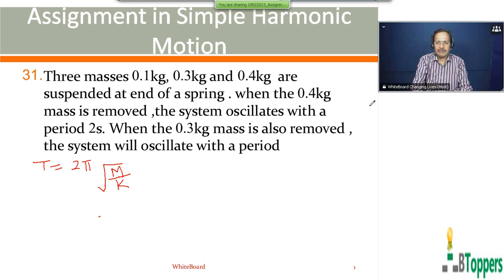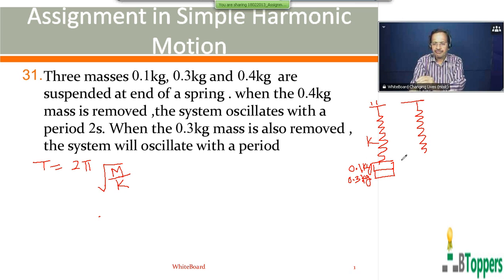So when the 0.4 kg is removed, the total mass oscillating vertically in the first case will be 0.1 kg plus 0.3 kg. In the second case, the 0.3 kg mass is also removed.